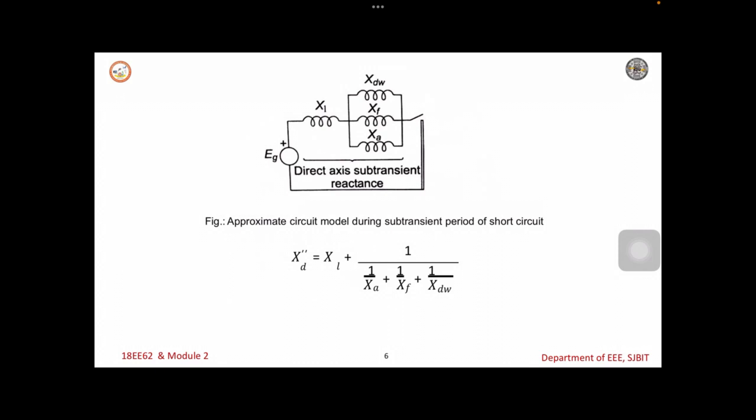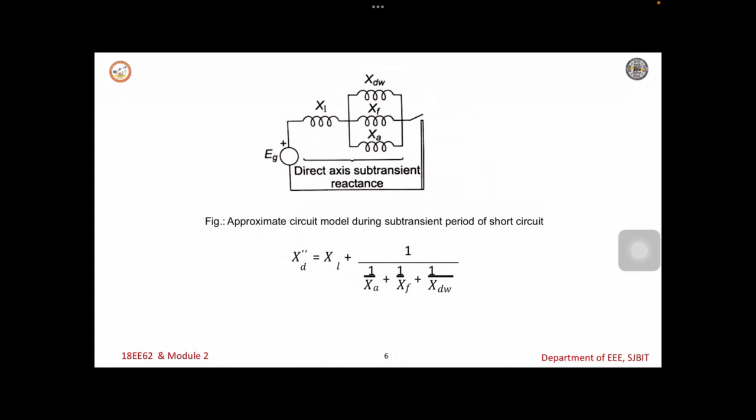Because of the demagnetizing flux, the effect consists of only the armature reactance and the leakage reactance. In the case of salient pole machines, the synchronous reactance is called the direct axis reactance, and it is denoted by XD. Neglecting the armature resistance, the steady state short circuit model looks like figure 2.4. Here XD is XA plus XL.